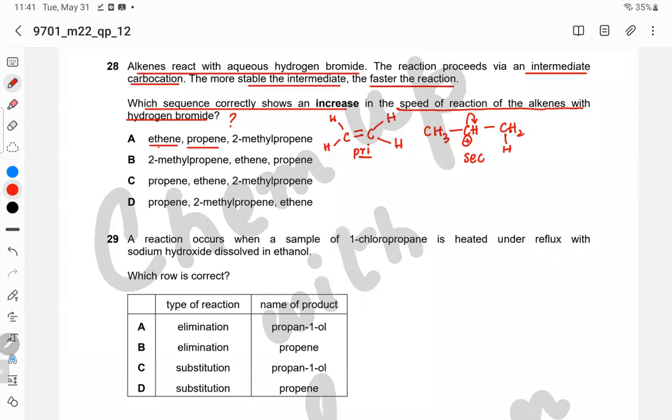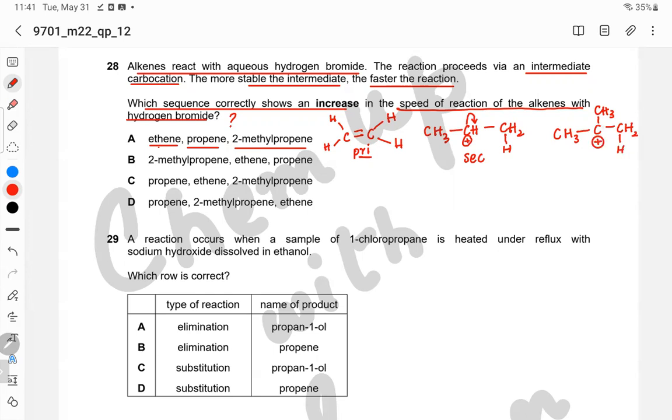Okay. Then we have 2-methyl propene. We have a first carbon CH3, a second carbon with a double bond, and this carbon has a methyl group. That's why we call it 2-methyl propene. Now, when the reaction takes place and the intermediate forms, the hydrogen will bond to this carbon, and this middle carbon becomes a positively charged ion.